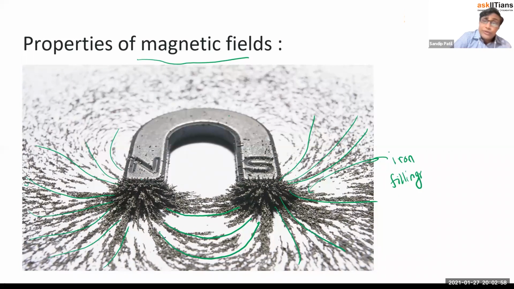So we can also do one small activity here. Take any bar magnet, horseshoe magnet, anything. Go outside, and wherever there is sand on the ground, just put that magnet in that sand. If there are some iron filings, iron particles in your sand, then the iron filings are going to get attached to the magnet.